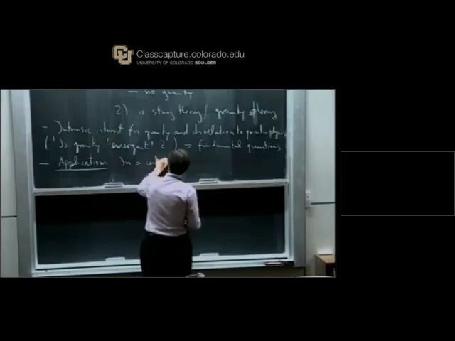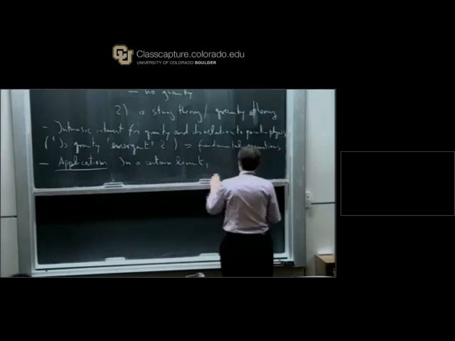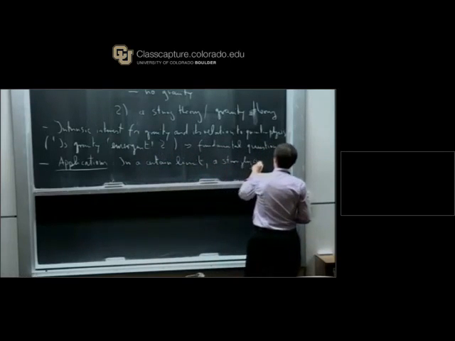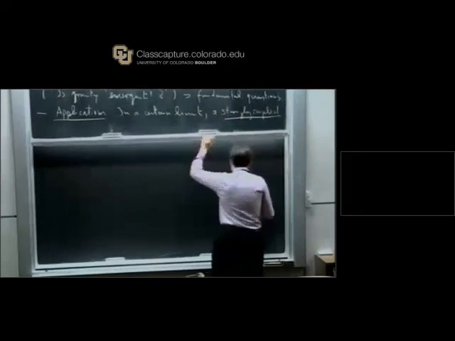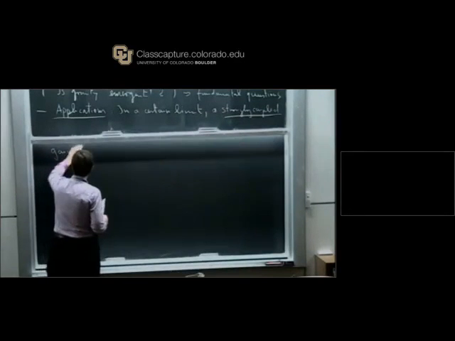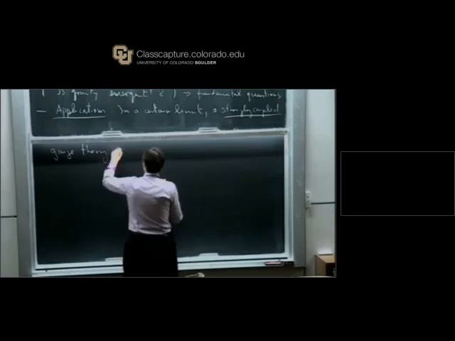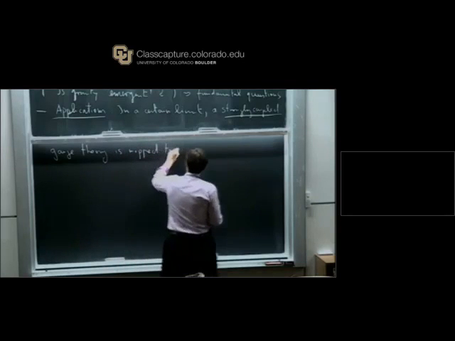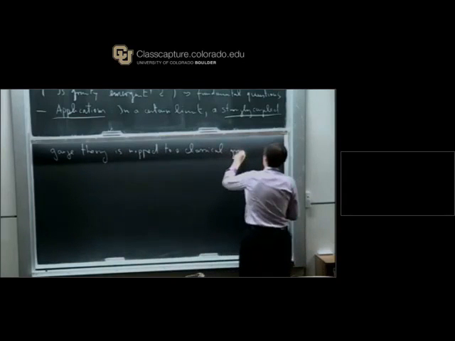So in a certain limit, which I'm going to explain to you, a strongly coupled gauge theory is mapped to a classical gravity theory.